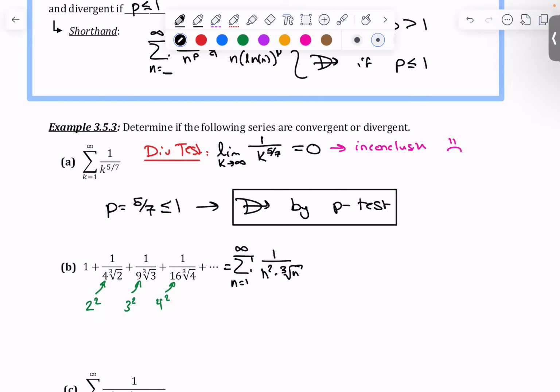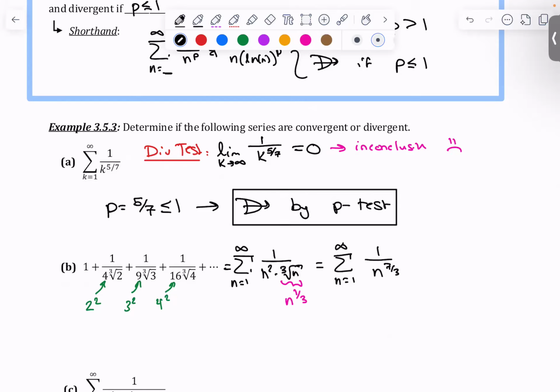Now that's a p-series, but it doesn't look like it at first. But remember, the third root of n is equal to n to the 1/3 power. So this is actually equal to the series from n equals 1 to infinity of 1 over n to the 7/3. Right?